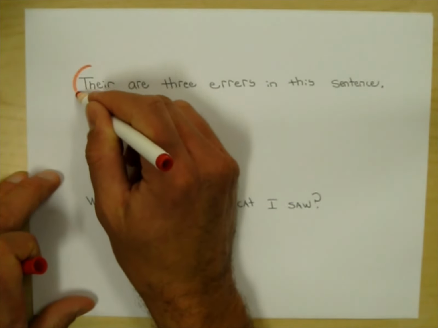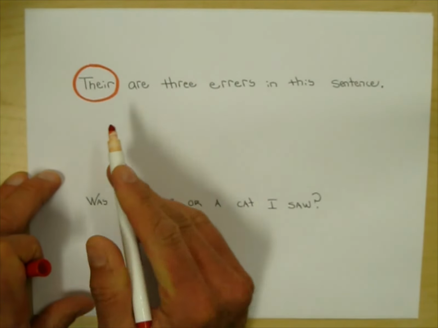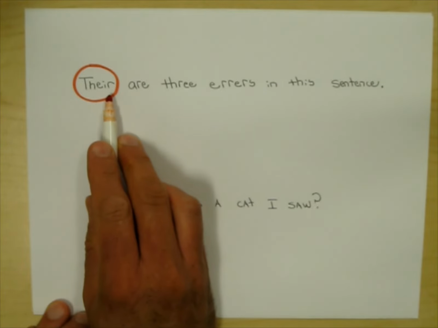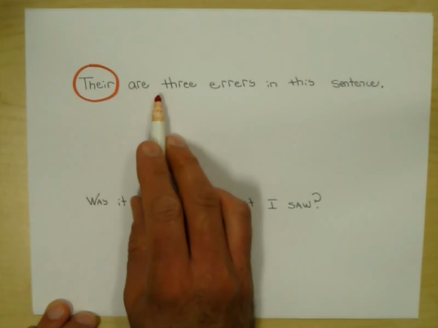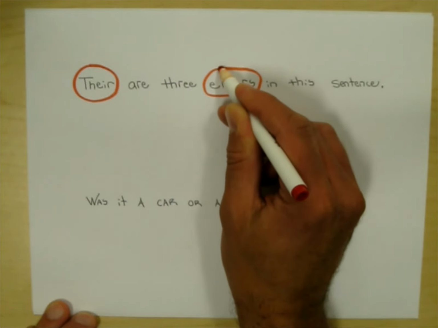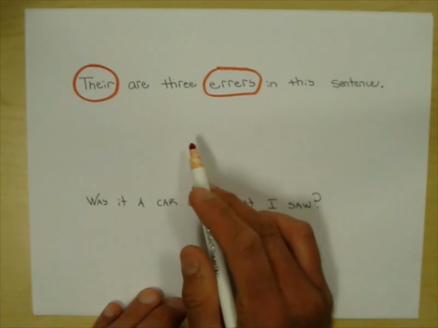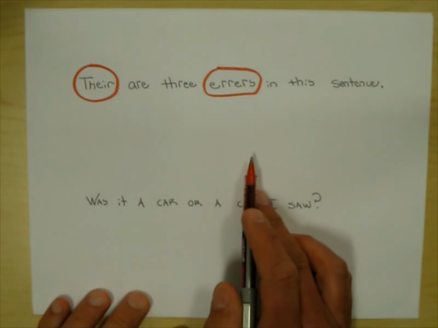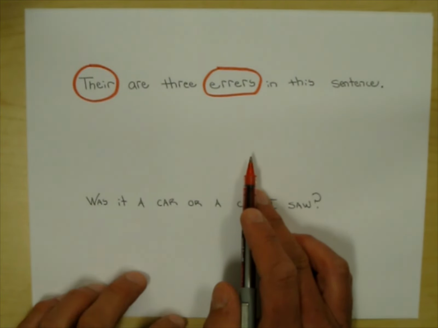Right here, you should be using THERE. There are 3 errors. That's actually not spelled correctly. And I think the problem with this is when you look for the third one, you can't find it. Well, that happens to be the third error in this sentence.